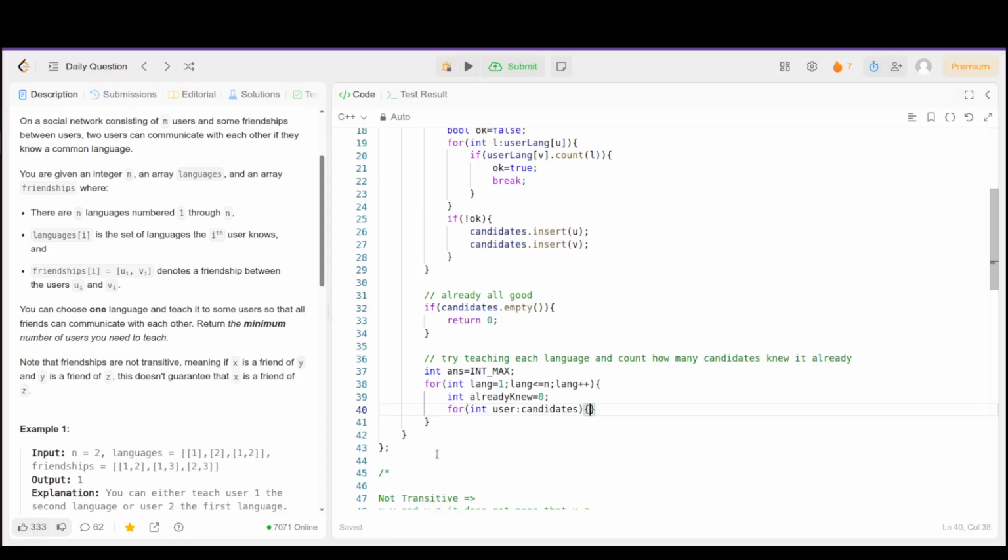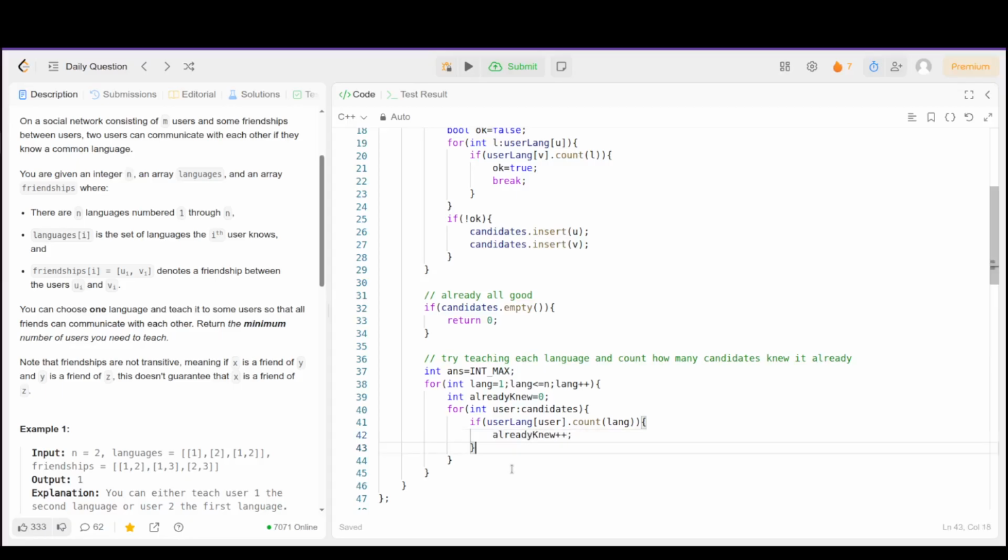If user language of user dot count of lang, that means we are iterating over the languages, and also over the users, and checking whether the user knows the language lang, which is initially 1. If they know it, we increase the already-new count, new plus plus.